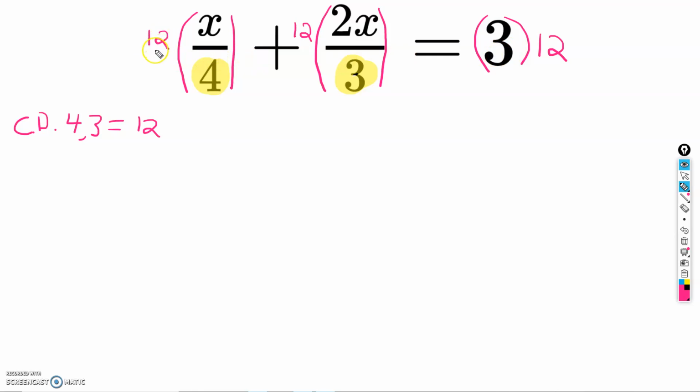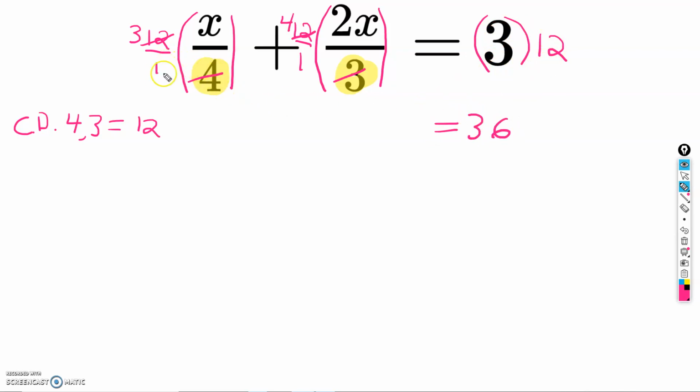So 12. This is a big 12. You can think of all these 12s as big 12s over 1. 12 divided by 4, these guys knock each other out, and that goes to a 3. 12 divided by 3, those knock each other out, and that goes to a 4. And then 3 times 12, there's no fraction over here, so the right side just becomes 36.